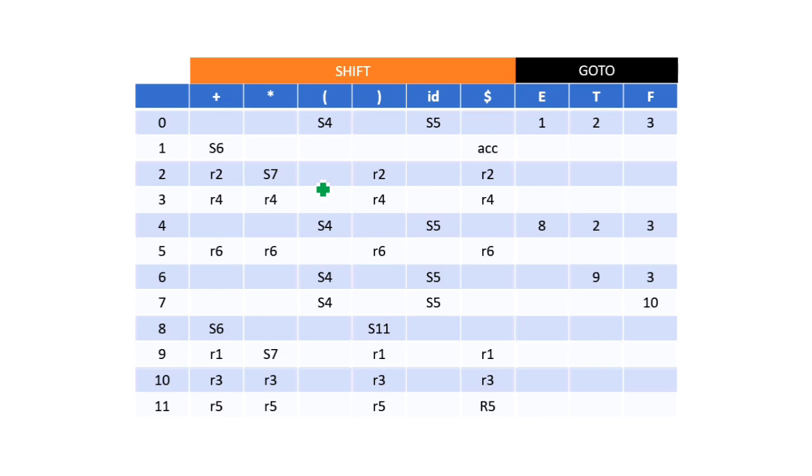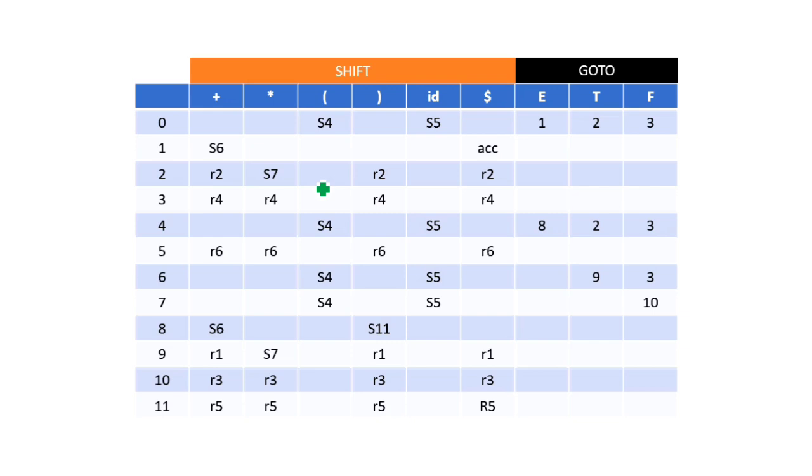Whenever we are finding a go-to for a terminal, if the item set goes to I3, it should be written as S3. If it goes to I4, it should be written as S4. If you are finding the go-to for a non-terminal, and it goes to I1, it is simply written as 1. If it goes to I2, it is simply written as 2.